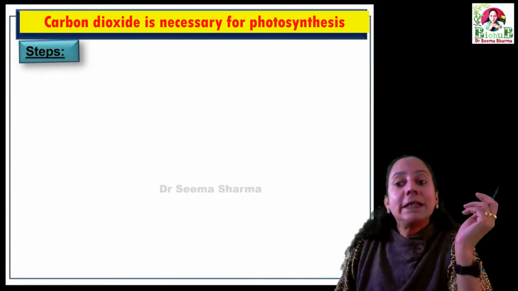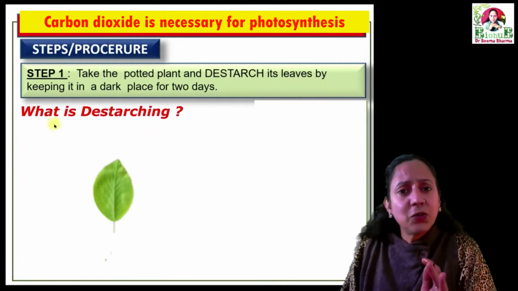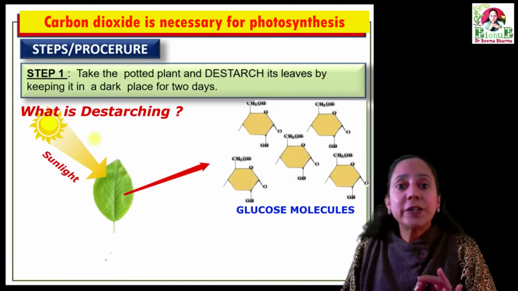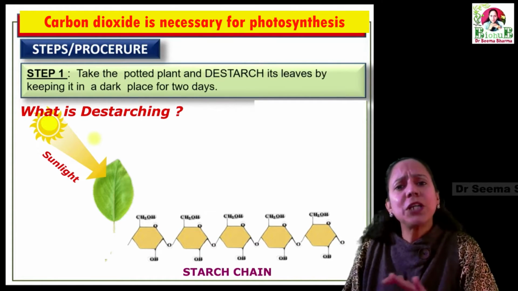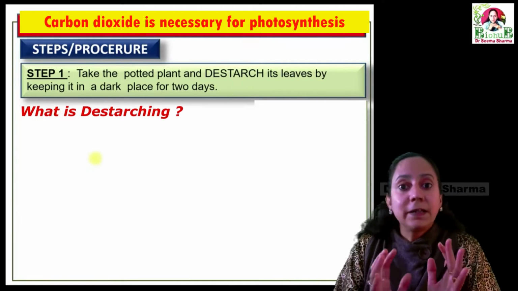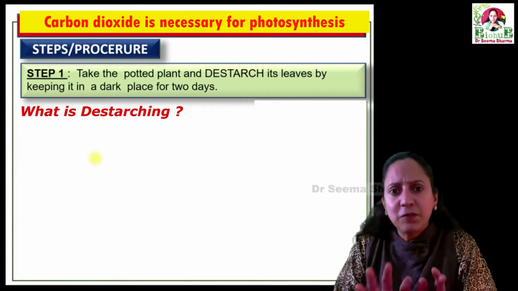Step number 1, take a plant with de-starched leaves. You know viewers, during photosynthesis, glucose is formed. This glucose is converted into starch in the leaves and then it is transported to each and every part of the plant. When we are keeping our plant in some dark area, then the chances of photosynthesis will be very low.